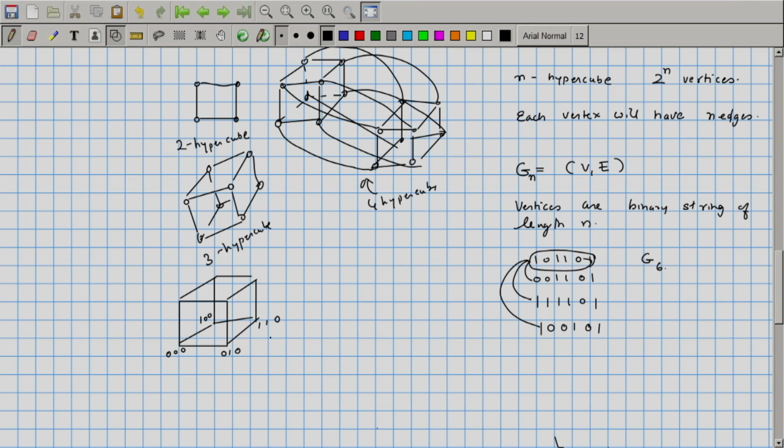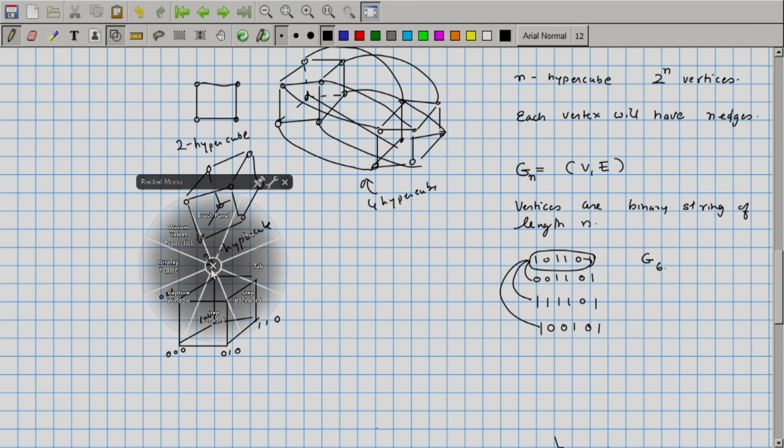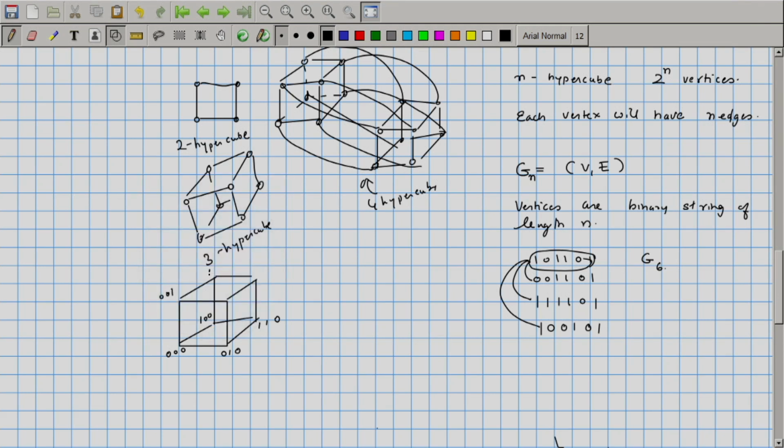Okay. So, the z coordinate of all those is 0, and this will be 0 0 1, directly above this will be 1 0 1, this will be 1 1 1, and this will be 0 1 1. We can see that these two differ in exactly one position, that is the first coordinate, these two differ in the last coordinate, and these two differ in the second coordinate.